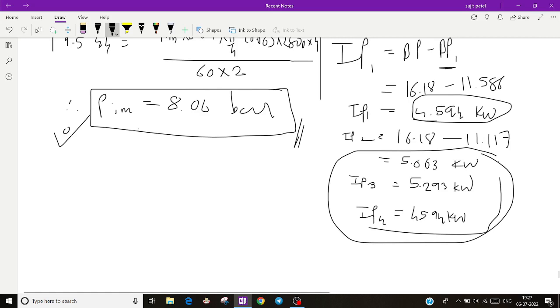So again, indicated mean effective pressure is higher compared to brake mean effective pressure. So that is the self correction. It should be like this, otherwise your answer is wrong. So these are some self checks in the exam that your answer is correct or not.